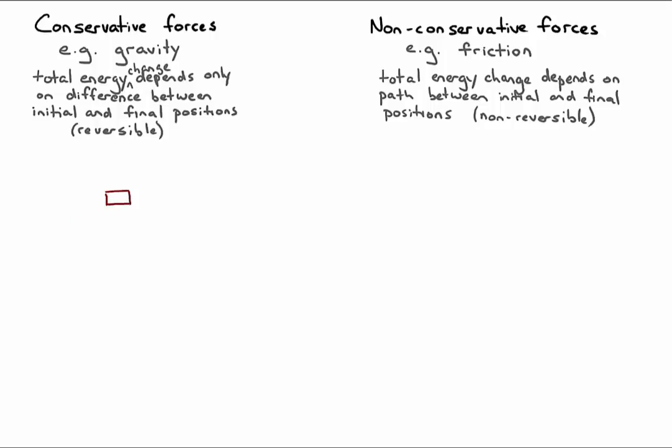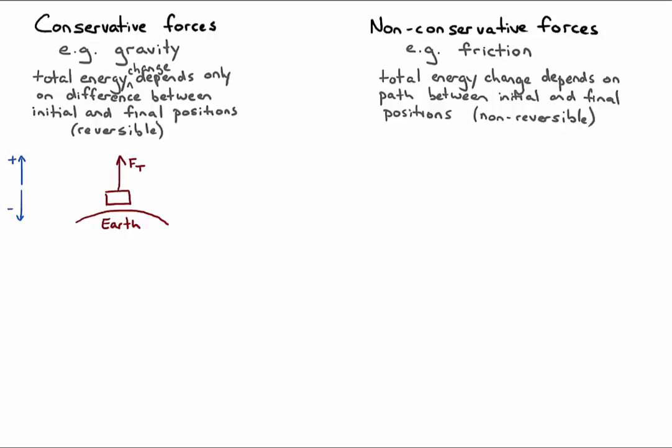So in the first example, we're considering a box which is under the influence of the Earth's gravitational field, and we're going to be pulling that box upwards with an external force of tension. I'm going to define the upwards direction as positive and the downwards direction as negative.